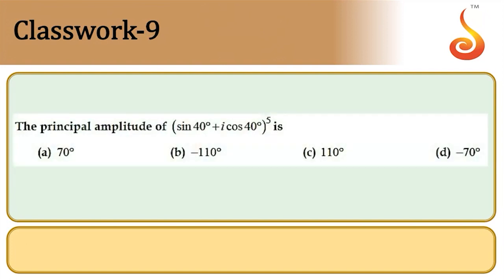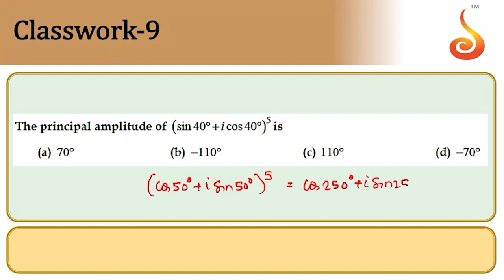Example 9. Principal angle. So it can be written as cos 50 degrees plus i sin 50 degrees whole to the power 5, which will give you cos 250 degrees plus i sin 250 degrees. If you talk about principal angle, 250 degrees will be somewhere here.